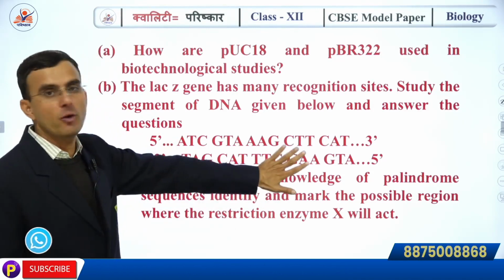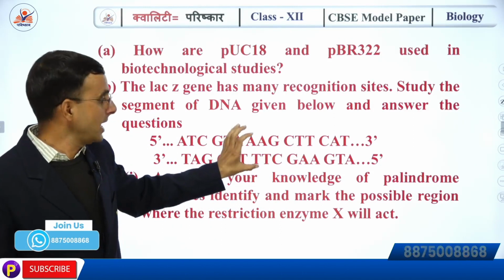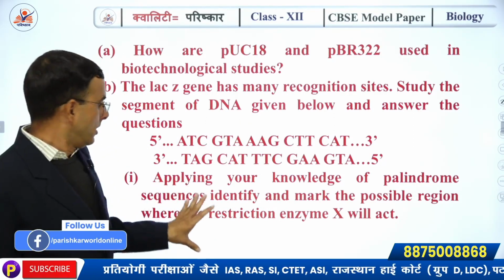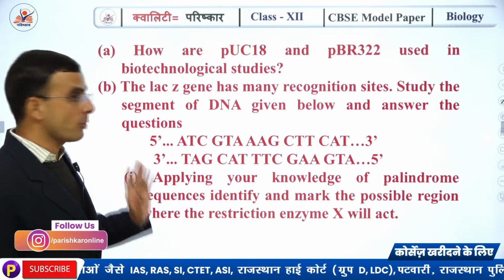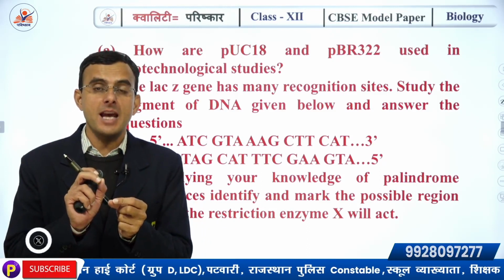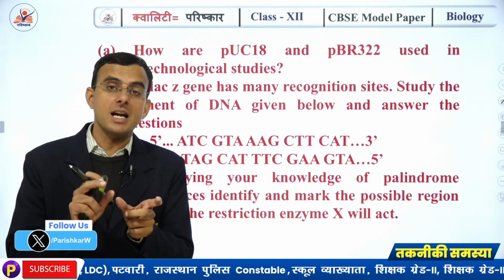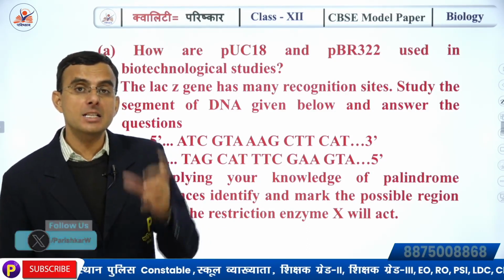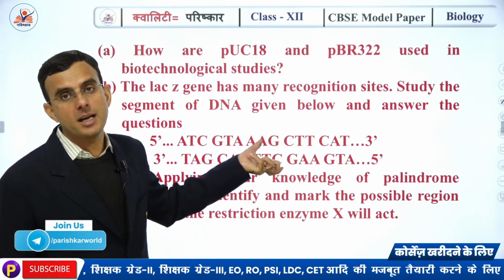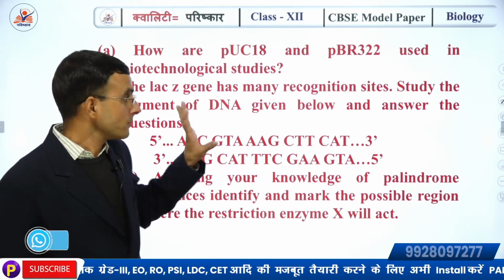We have to identify that sequence. Now the third one is applying your palindromic sequence: how that palindromic sequence acts, and at which place it cuts the DNA. So look at this one.